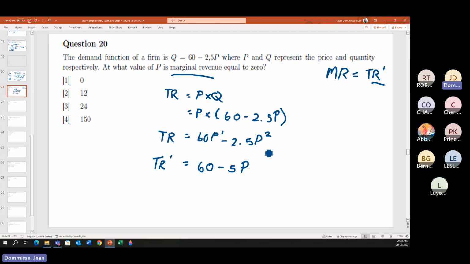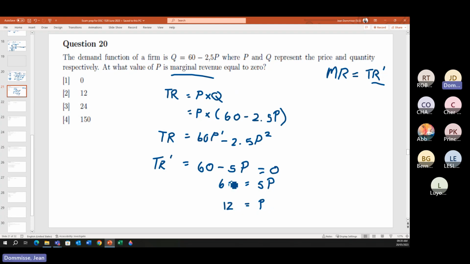P to the power of 2 minus 1 is then equal to 1. And that equals 0. So 60 is equal to 5p, and then p is equal to 12.